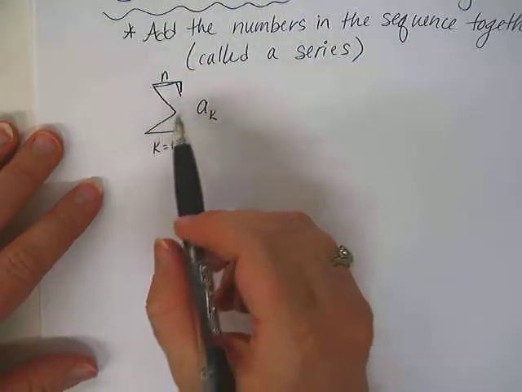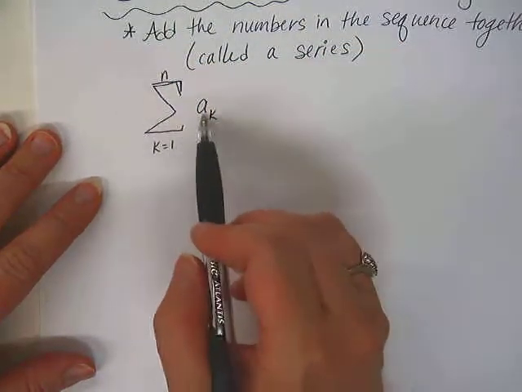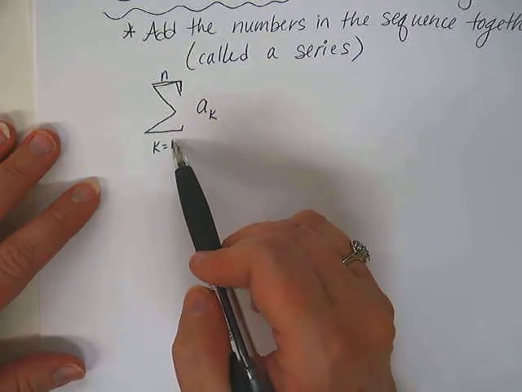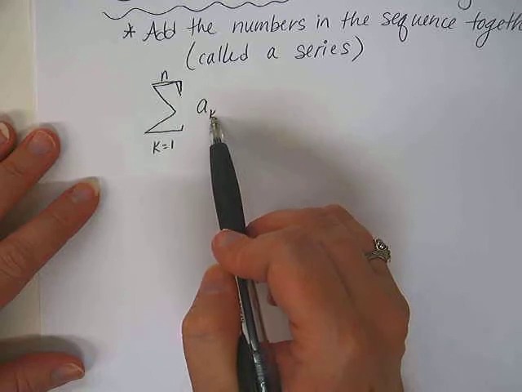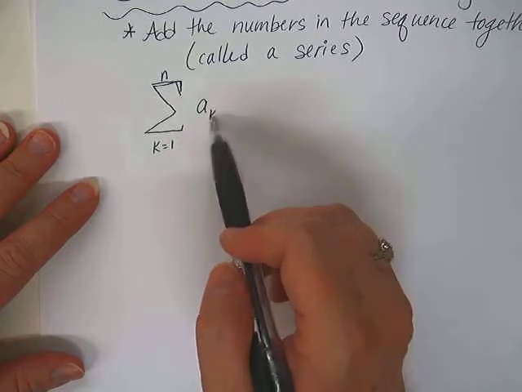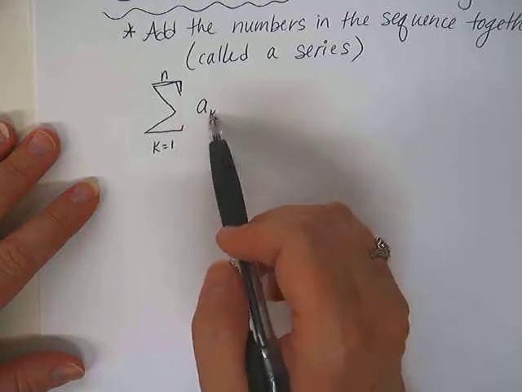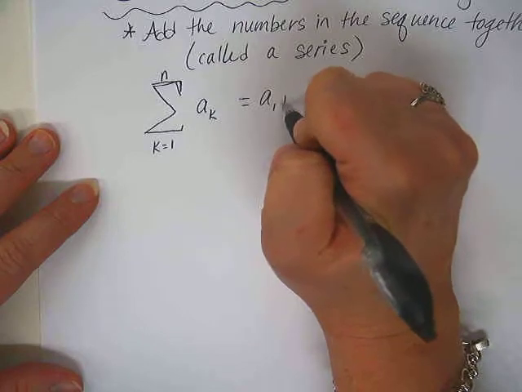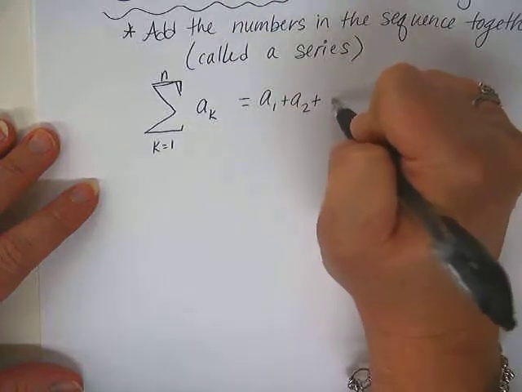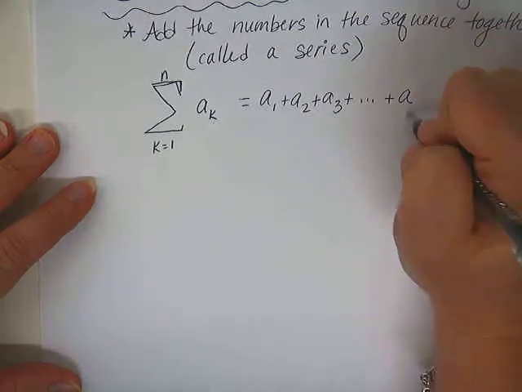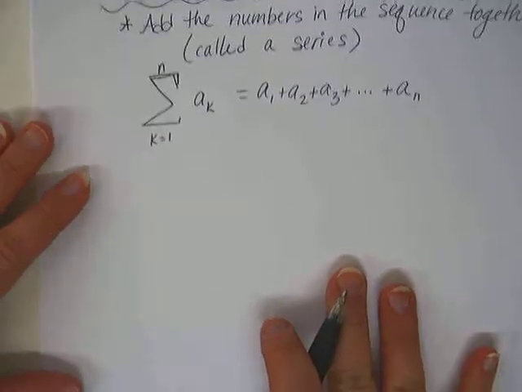The k refers to the fact that we start by plugging in this 1 for k. Then 1 goes up to 2, then 3, then 4, then 5, till we get up to the number n. We just simply add all those numbers together until we get to whatever number they've told us to add to.